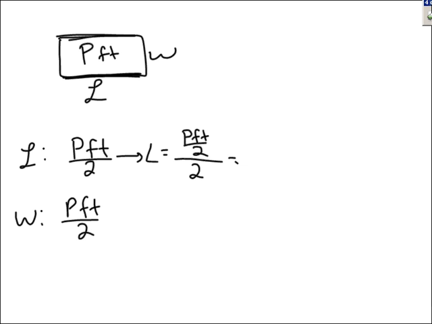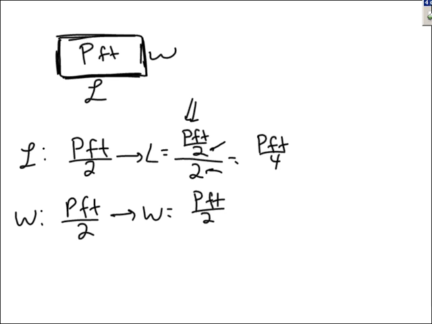You divide something by 2, and then you divide by 2 again, and that thing that we're dividing by 2 is P. You have P, divide it by 2, then you divide it by 2 again, or you divide it by 4. Okay, for the width, the amount of fencing for up and down is P over 2.